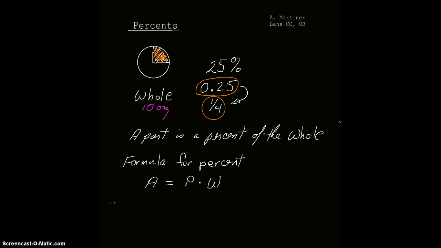So in this example, the amount that's a part is smaller, right? It's going to be 25%, 0.25, times the whole amount, which we said was 10 ounces. So 0.25 times 10 is 2.5 ounces. So 25% of 10 is 2.5.